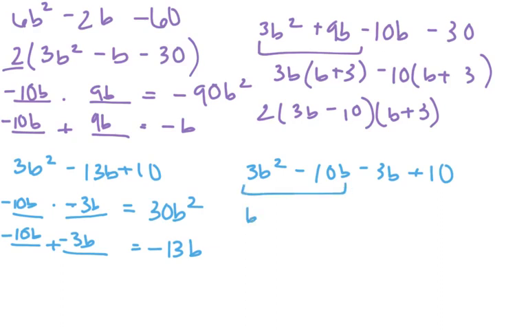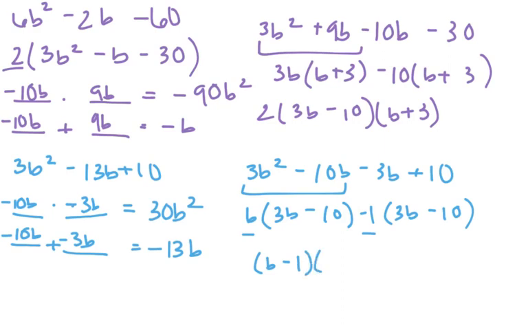This, I can't take out anything but a b, and I'm left with 3b minus 10. Here, keeping in mind I want this to match, I'm going to pull out a negative 1 because then that will leave me with 3b minus 10. I've got b minus 1. It's one of my factors, and 3b minus 10 is the other.